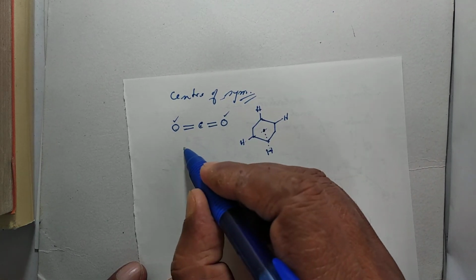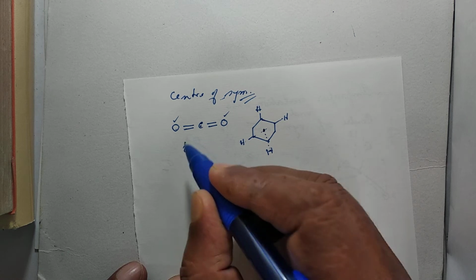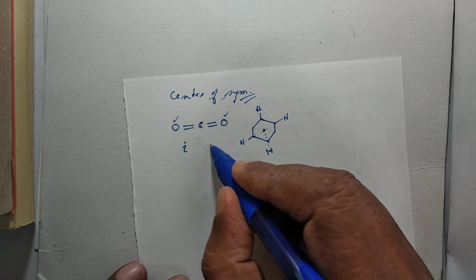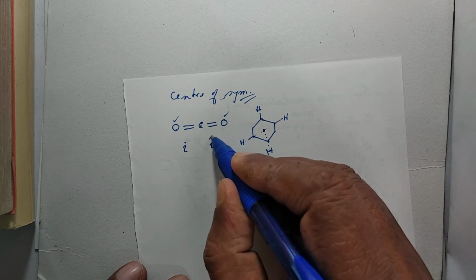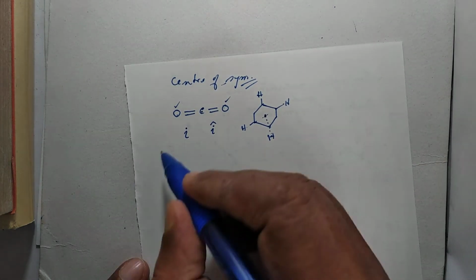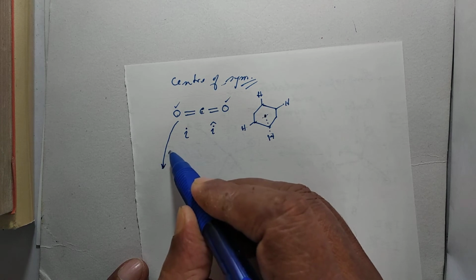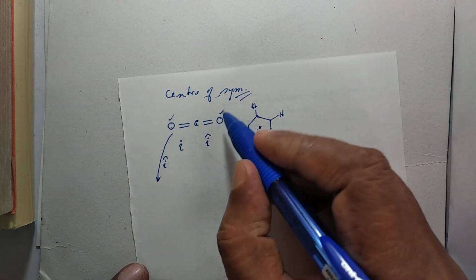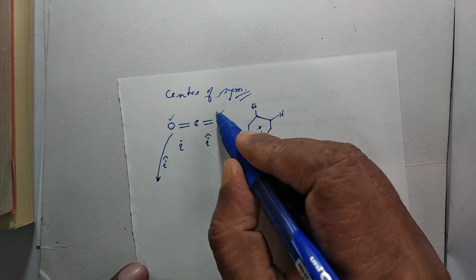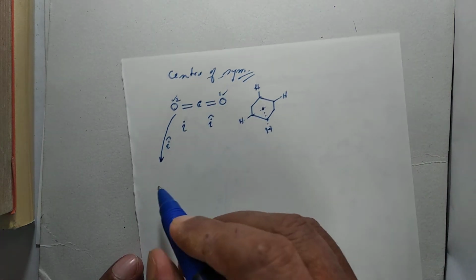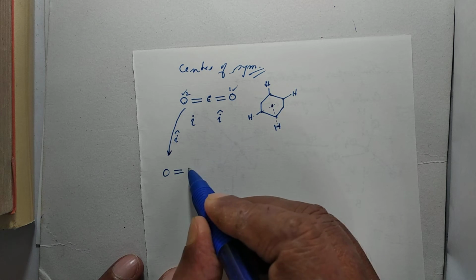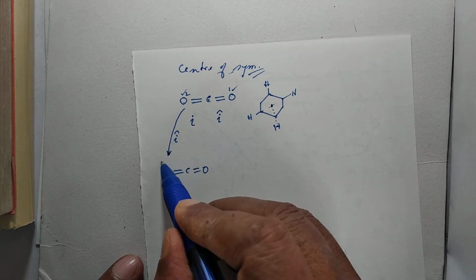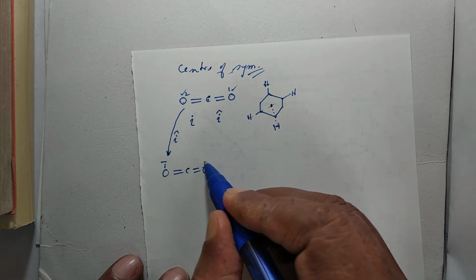Such centers of symmetry are indicated by I, inversion center, and the associated operation is denoted as I with a hat. If you want to carry out I operation on this molecule, what do we do? We use labels 1, 2, and then after inversion we get 1 bar on the left and 2 bar on the right.